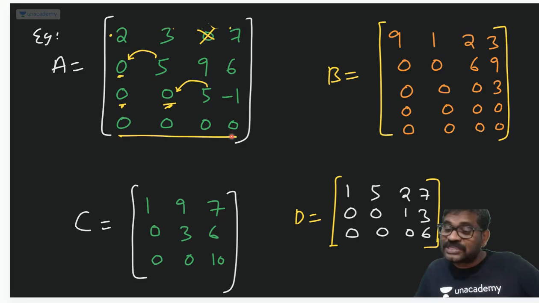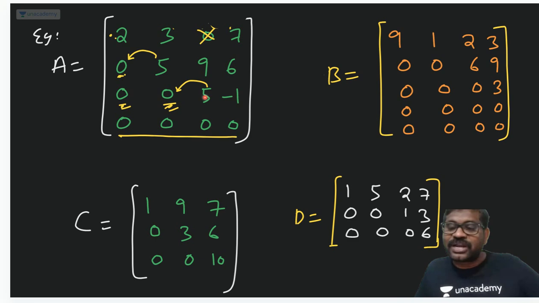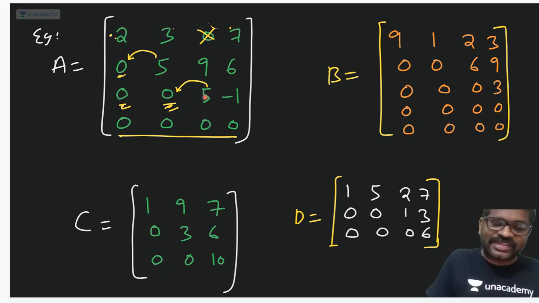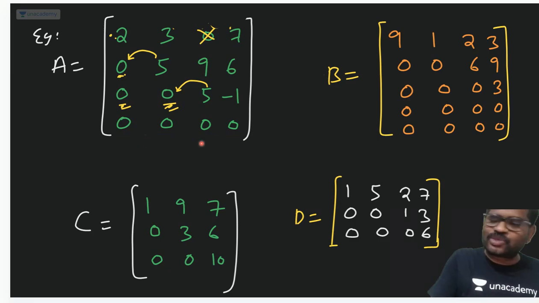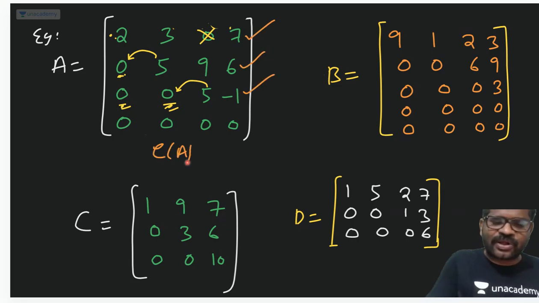Zero row is appeared last. Number of zeros before non-zero element are in ascending order. Therefore, matrix A is in echelon form. Sir, what is rank? Number of non-zero rows is called rank. How many non-zero rows you have? 3. Therefore, rank of A is 3.